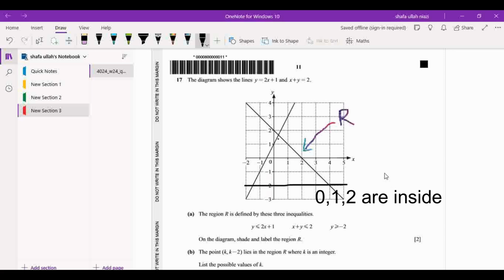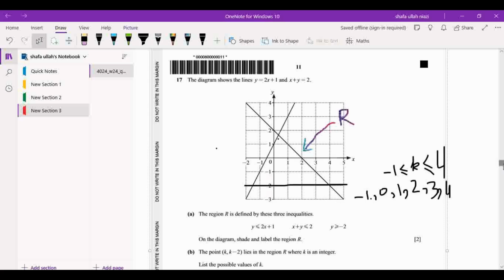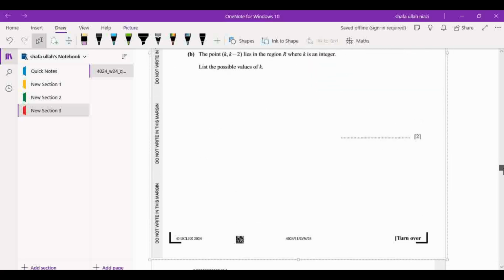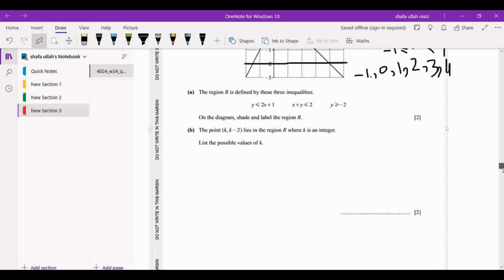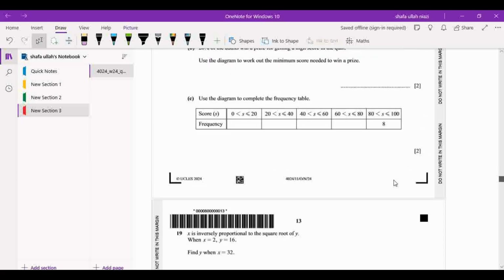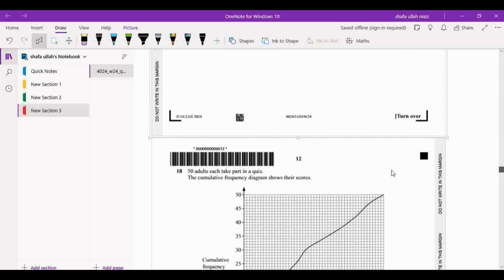So I can write that as -1 is less than or equal to k, and k is less than or equal to 4. So write these values here in the answer space.